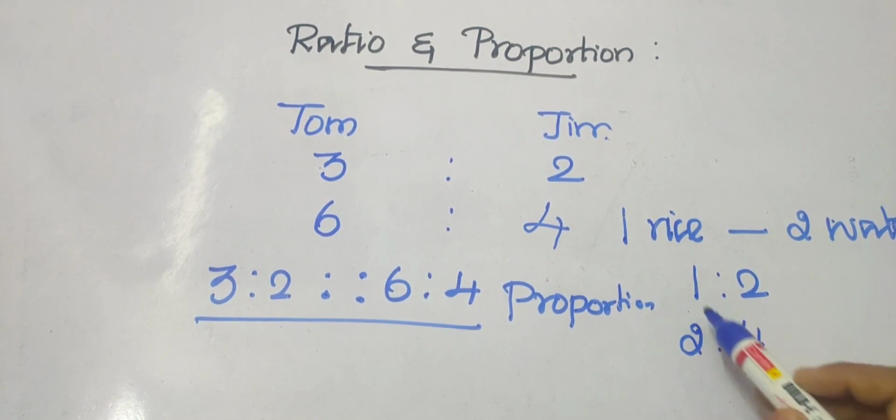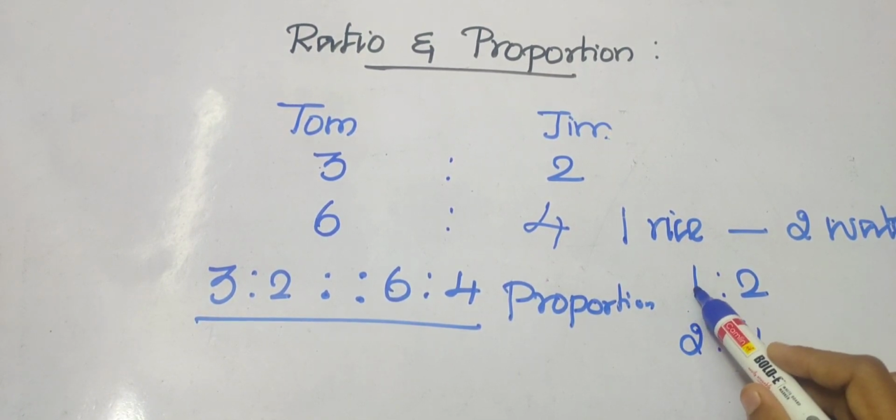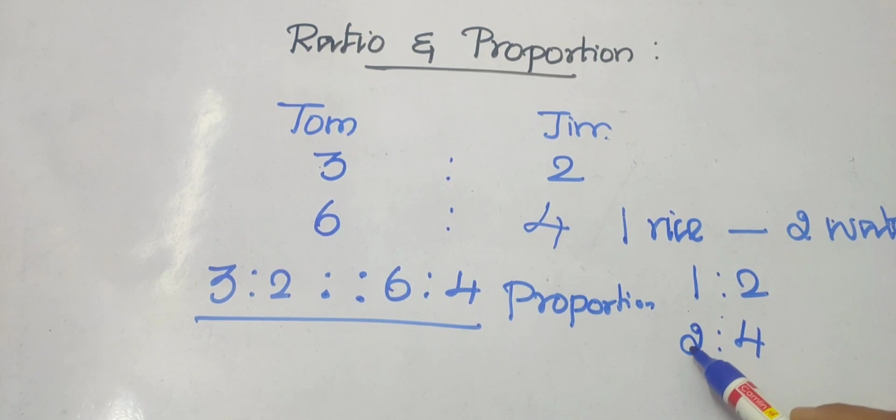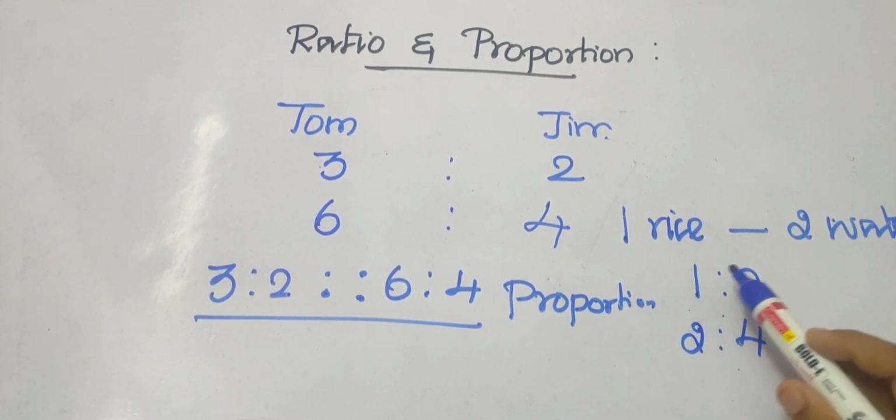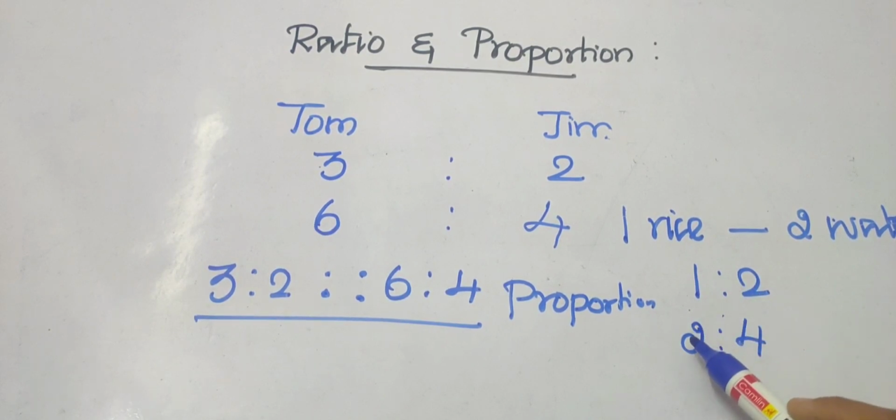So simply you are doubling, right? Here 1 cup of rice means we need to pour 2 cups of water. Here 2 cups of rice means we are pouring 4 cups of water, right?